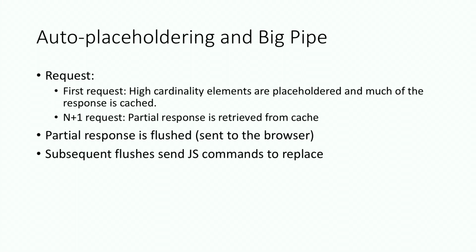So just like single flush, you can use the dynamic page cache and auto placeholdering to cache parts of the page. But instead of waiting to placeholder everything and flushing out the response, BigPipe flushes out that partial response with the placeholders, so the browser actually sees the placeholders. And then subsequent flushes send JavaScript commands to replace those placeholder elements.